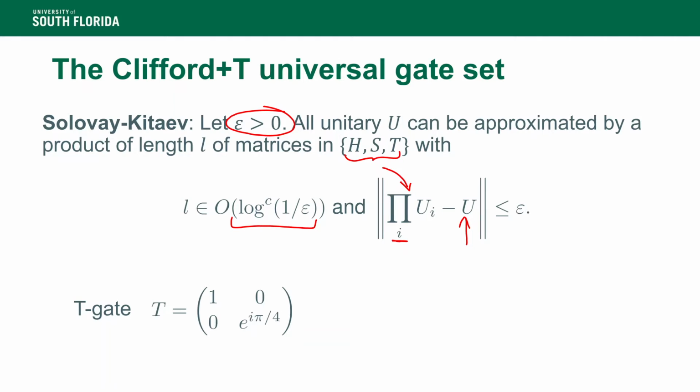So you see, of course, that the smaller epsilon, the longer the product. Okay, so that sort of explains the dependency on 1 over epsilon here, and such that the distance between those two terms is going to be less than epsilon.